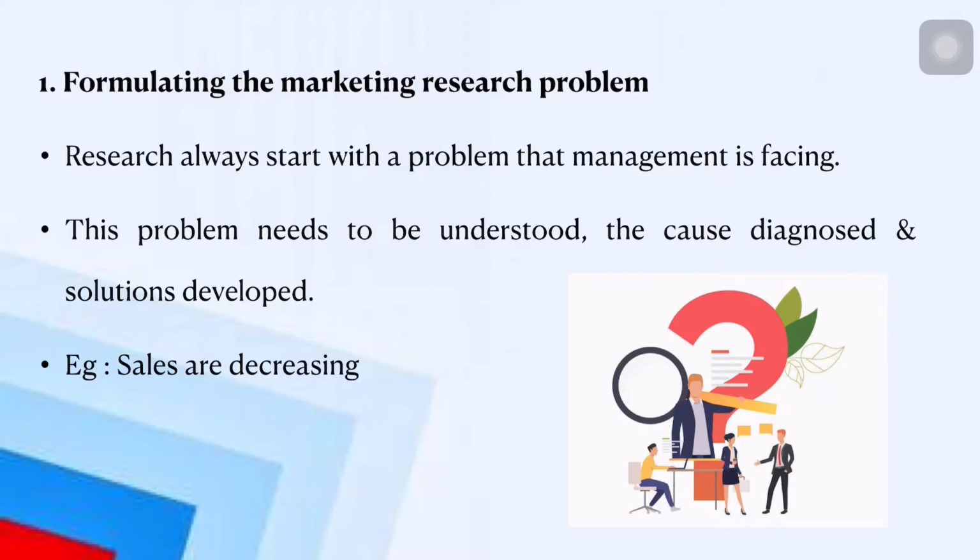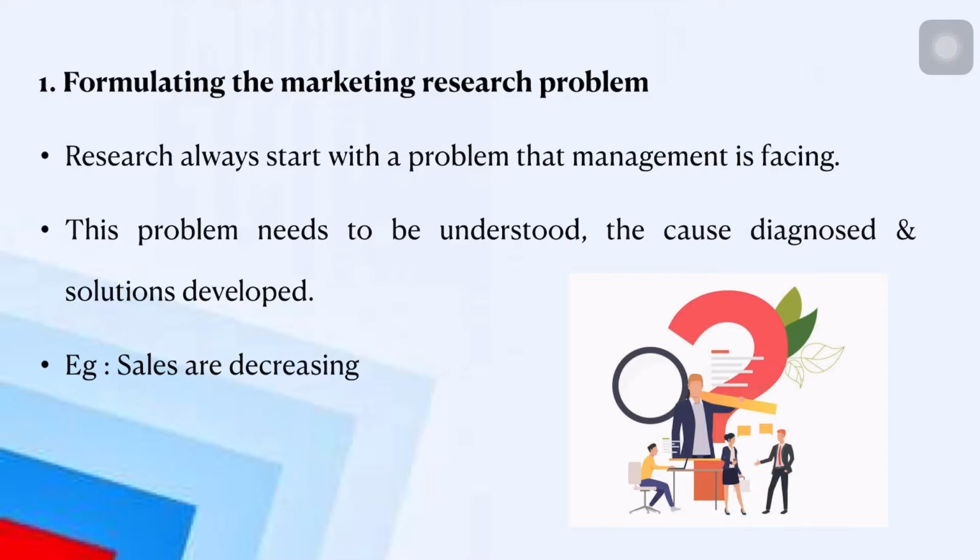Now, since you have identified an issue or a problem, the next thing is this problem needs to be sorted out. You need to understand where the problem is arising from. The cause has to be diagnosed. That means you need to get to the root level of the cause of the problem, diagnose it, and develop solutions to solve that particular problem. The example they've given is that sales are decreasing.